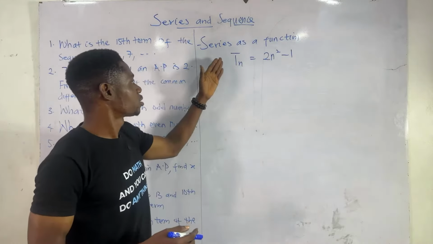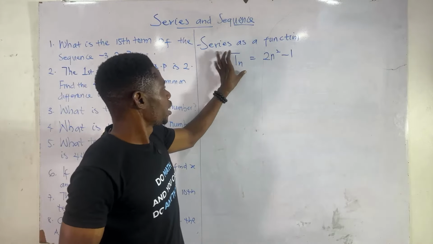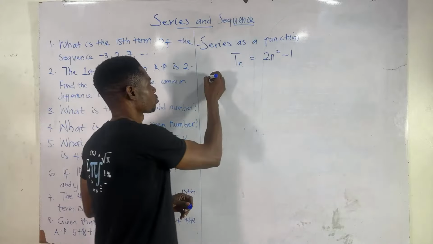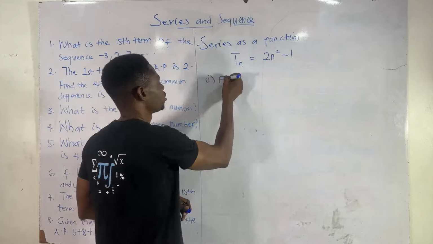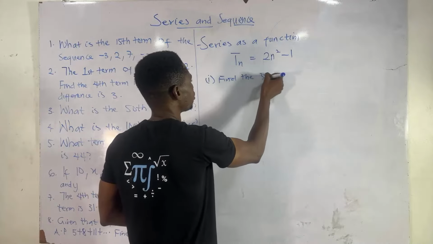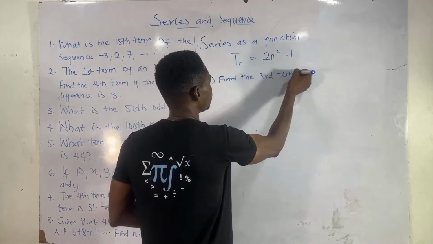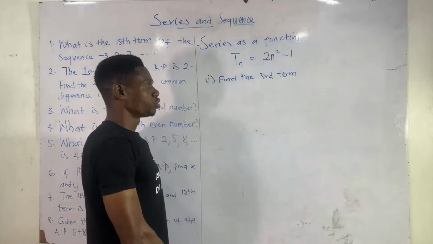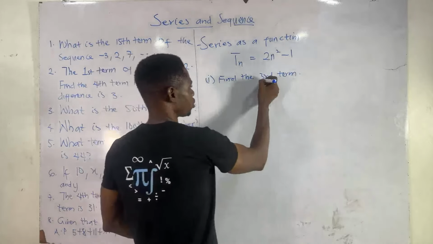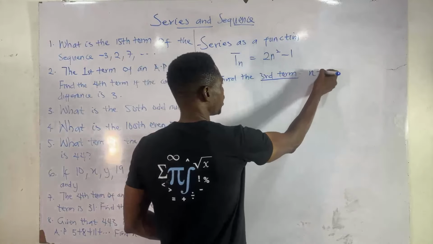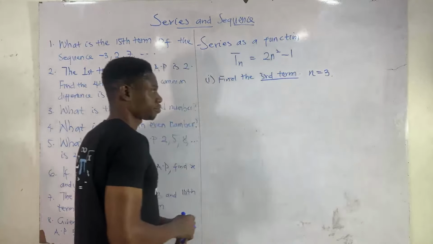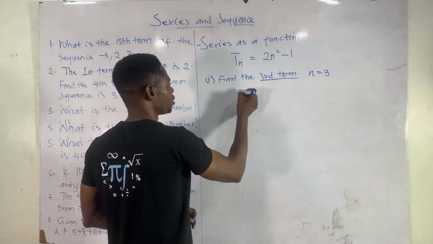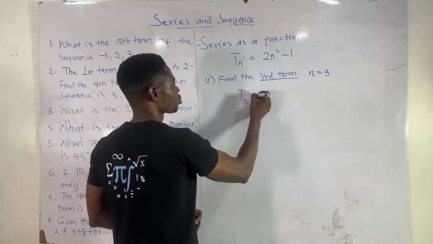Watch, we're given this function of Tn equals 2n squared minus 1. I will say find the third term. So what do we do in a case like this? For the third term, the n is 3. So in that case, we have T3 equals what?